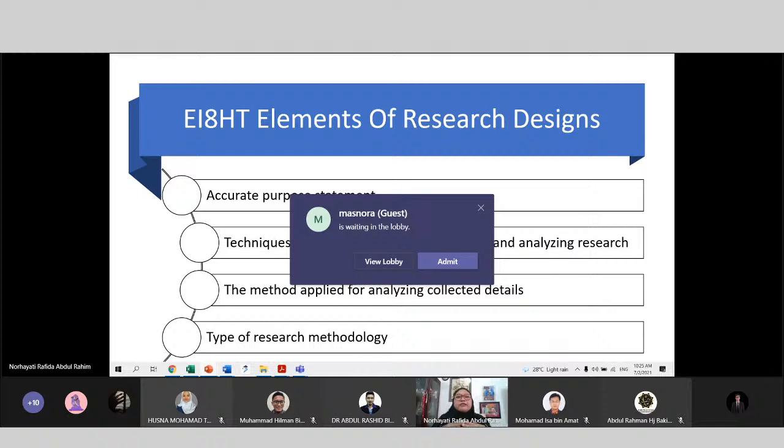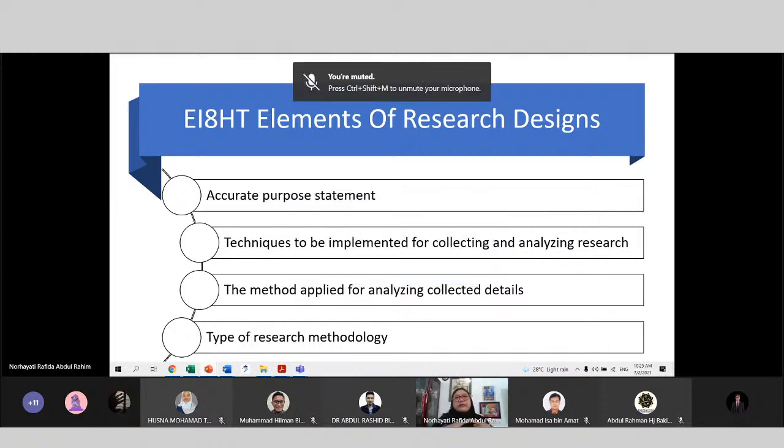Eight elements of research design. Accurate purpose statement. Why do we choose qualitative? Why do we have mixed method? Why do we have triangulation? The purpose statement will lead you to the choices of approach and the techniques to be implemented for collecting and analyzing research.